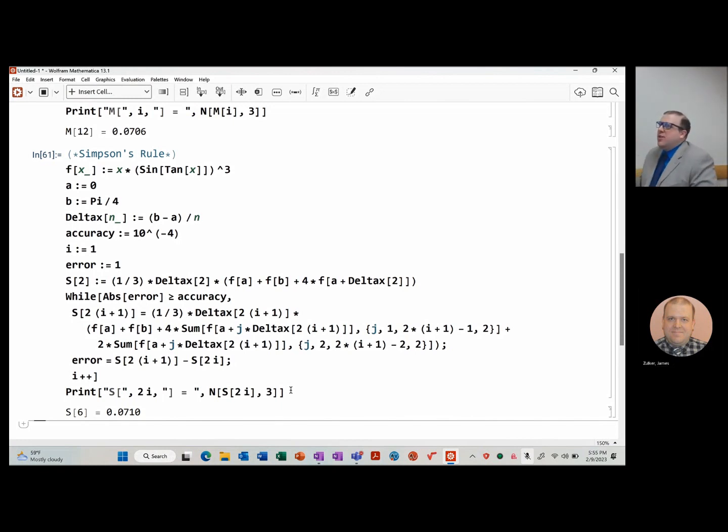S2, S4, and S6. Midpoint required 12 subintervals, trap required 15. So yes, S is way more efficient.